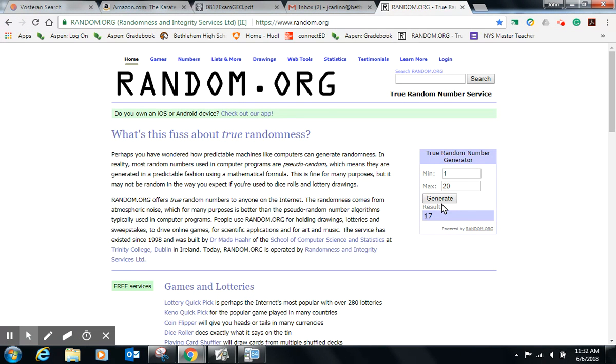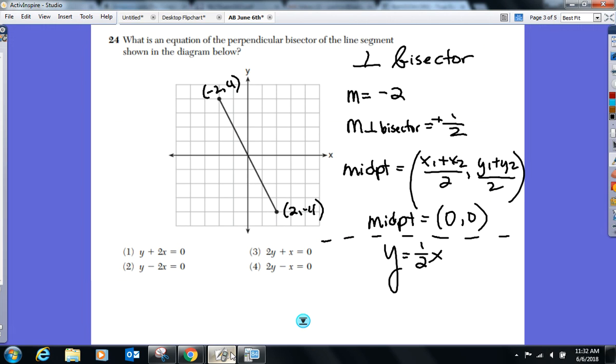Here you go, 17. Which one transforms into it? 4. Choice 4. Yep. Add the x, divide by 2. Nice job. Any issues? Okay, so on that one you had midpoint, slope.